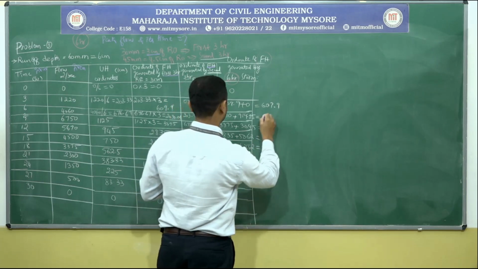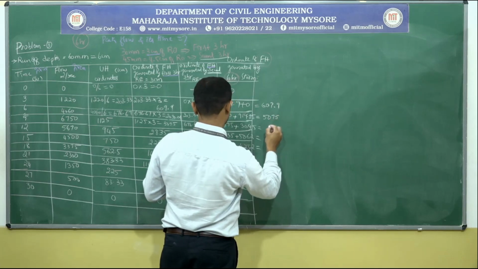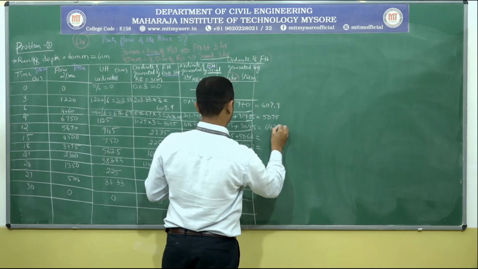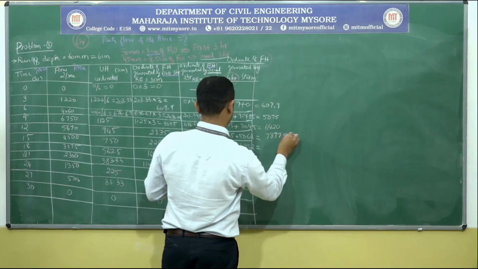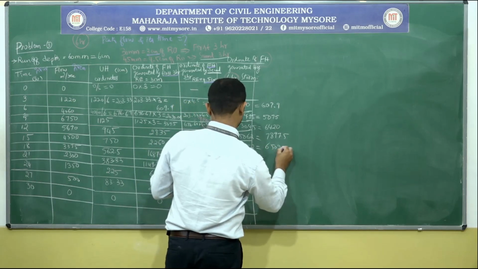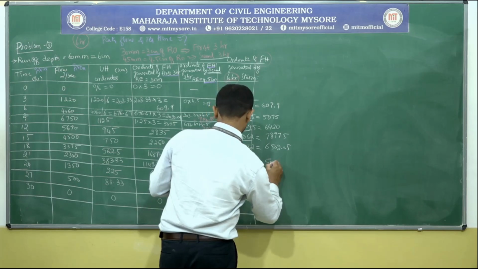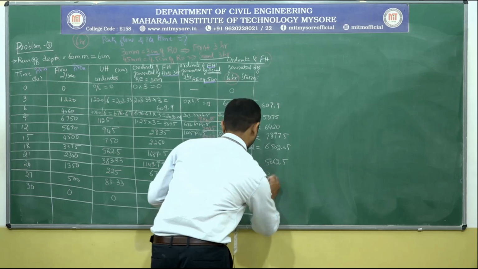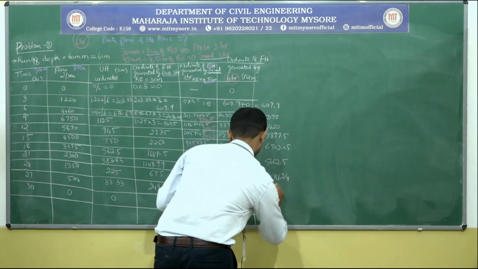609.9, 5075. Now 6420, 7897.5, 6502.5. Next 5062.5, 3681, 3681.24.